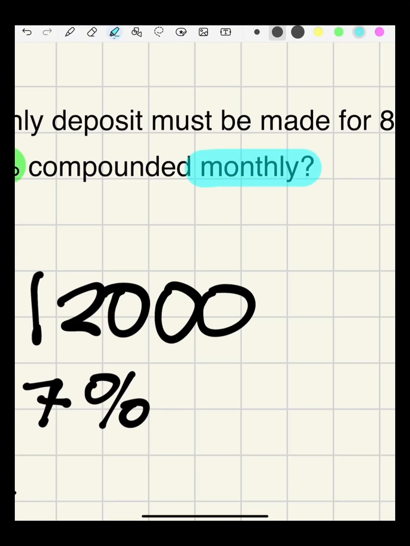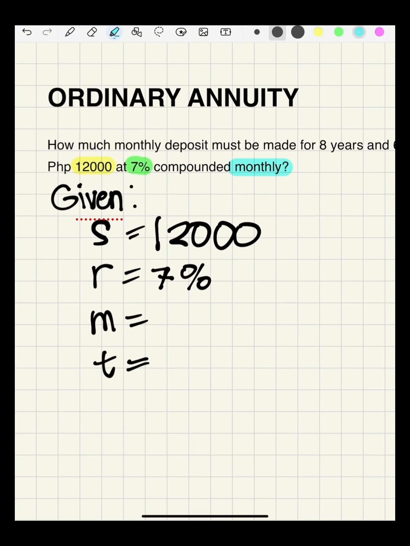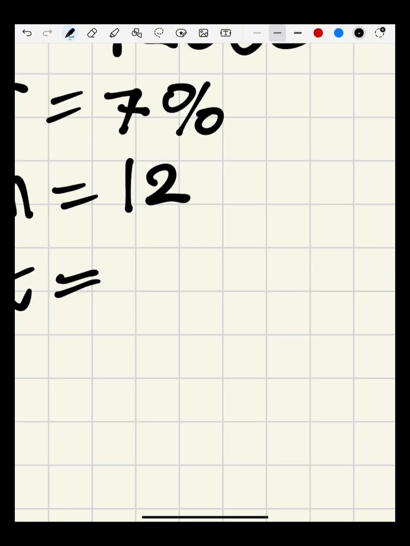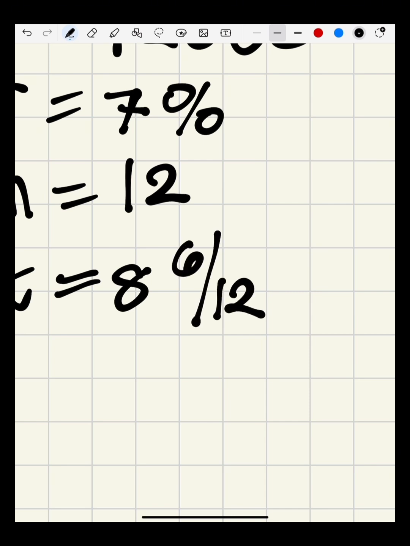And the compounded period is monthly, so it has to be 12. And our time is 8 years and 6 months, so 8 and 6 over 12 because there are 12 months in a year.